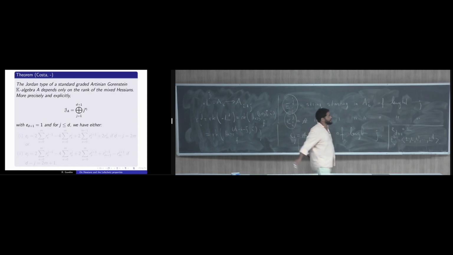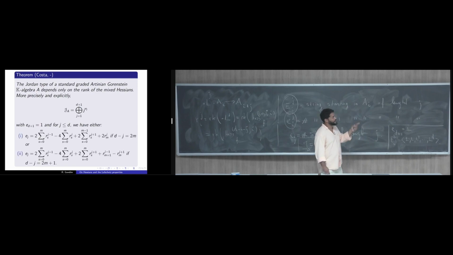This is the conclusion. The Jordan type of a standard graded Artinian Gorenstein algebra depends only on the rank of mixed Hessians. More precisely and explicitly, we got this huge formula, which I'll not compute in general. Instead, I'm going to show you the algorithm working in particular cases.